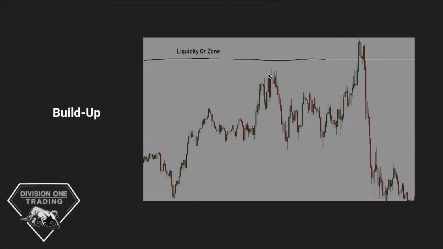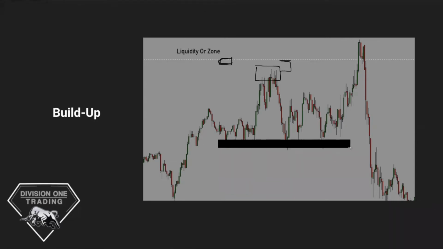It'll give these wicks that really look strong right here. What this will do is just be a build up. They're holding that liquidity in the space between these wicks and wherever your liquidity or zone is. Then they come down into this whole zone, that whole area.